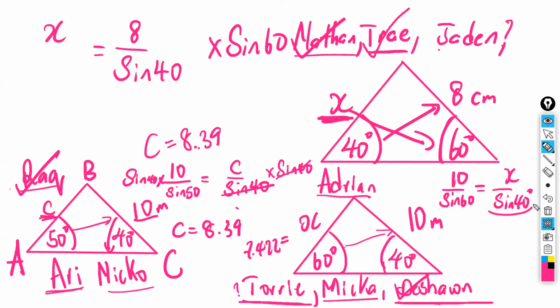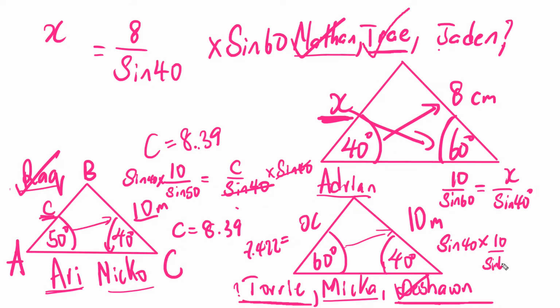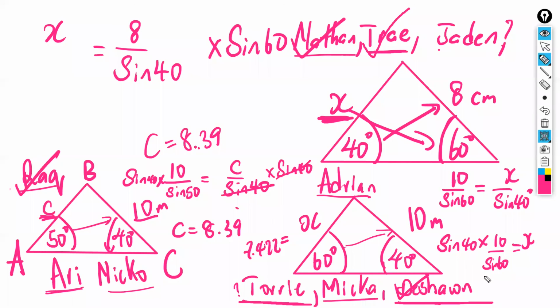To find x, you need to get rid of the sine 40 down there. So you end up with sine 40 times 10 over sine 60 is equal to x. When you work out 10 over sine 60 and then multiply it by sine 40, you get 7.422, which is equal to x. Cool. Adrian, Michaela, Tori, you see how to do it now?